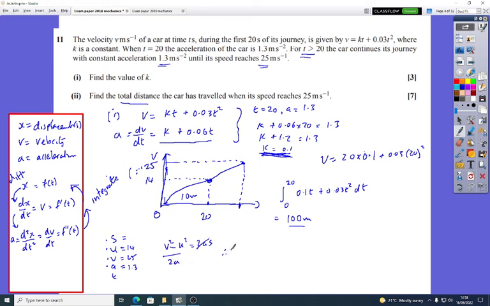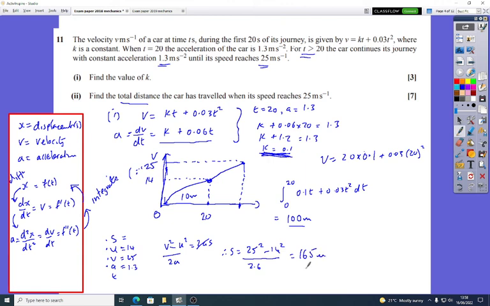Therefore, displacement is going to be 25 squared minus 14 squared all over 2 times 1.3, 1.3, sorry. 25 squared minus 14 squared equals that divided by 2.6. Do you get 165? Yeah.